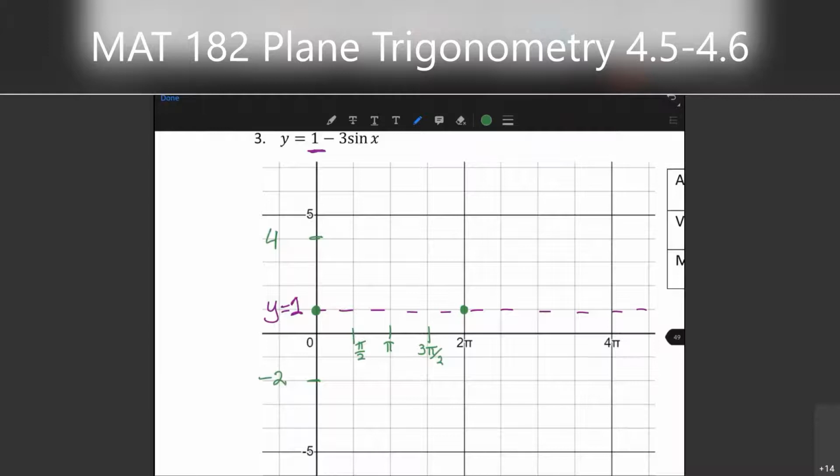Right, that would be right, Anya. So I'd start and go for my minimum first. In this case, that would be -2. Then we'll be back to the midline, and then we'll go to our last. Oops, I did that wrong again. Let me back it up. Maximum, there we go, 3 units. So there's our full graph right there.